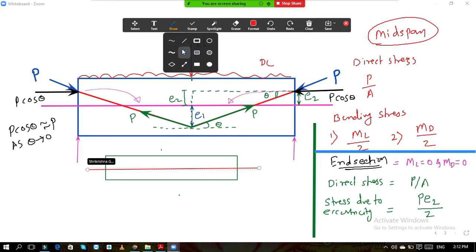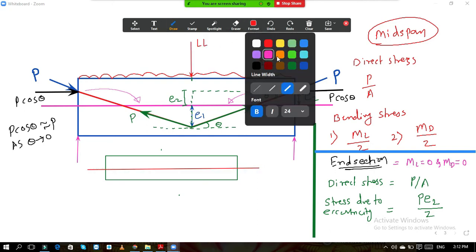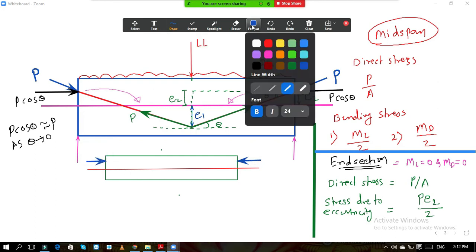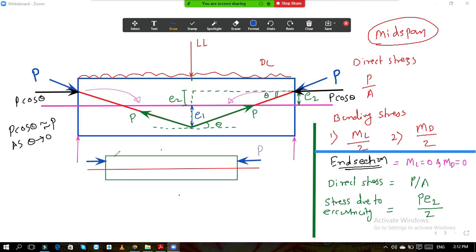In this case your horizontal force is acting somewhere here. This is your P, and here is the eccentricity. This eccentricity is e2. Now if I rotate this force about the neutral axis, its direction is like this.